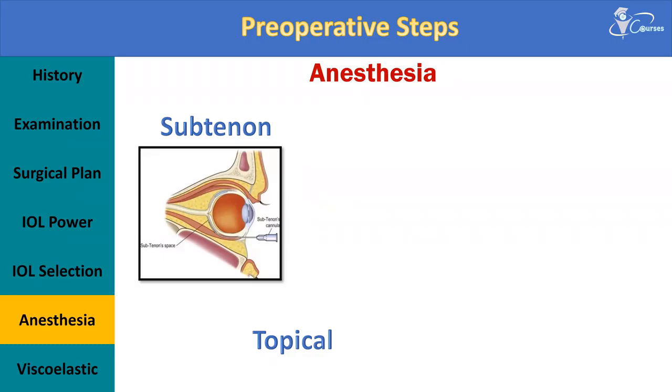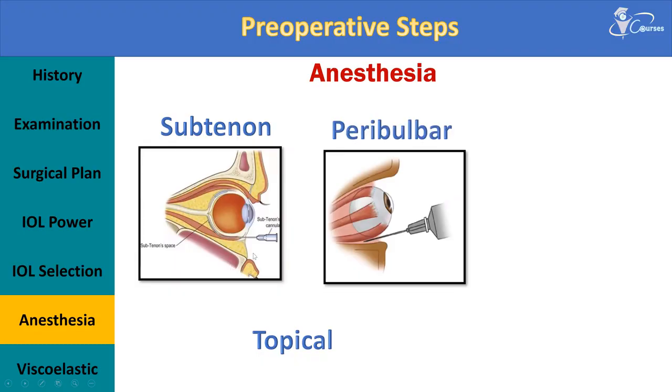We use it particularly for patients who have a high risk of perforation of the globe, especially those with high myopia, a large globe, or posterior staphyloma. These can be injured by the needle tap. In those patients, we prefer to do subtenon anesthesia. This is its advantage, but the disadvantage is that it doesn't provide sufficient akinesia.